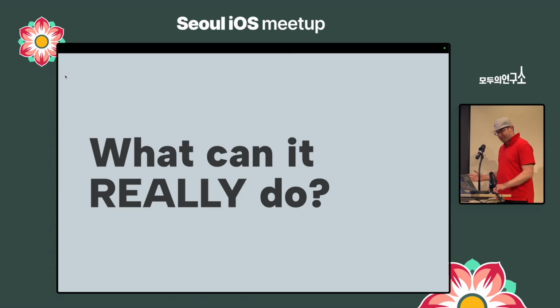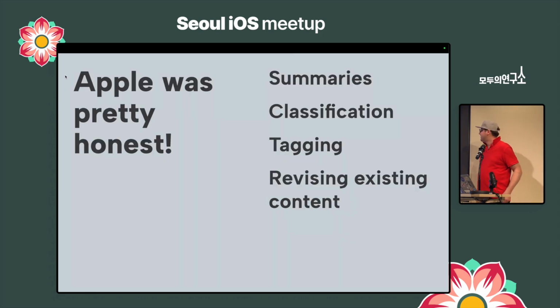So what can it actually do aside from the WWDC demos? Despite being very scripted, their billing of things was actually pretty honest, I think. The use cases that they list are things like summaries, so you take a short text message and summarize what the content of it is. Classifying things into categories.